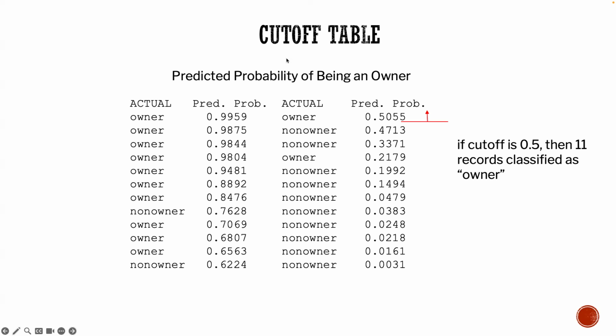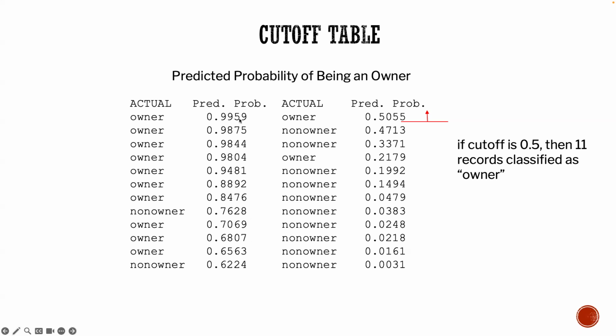So for example, if we are trying to determine from a data set whether a person is an owner or a non-owner of a property using different variables that we use for prediction, whether they are owners or non-owners is this column. And then we put all the predicted probabilities in descending order here.